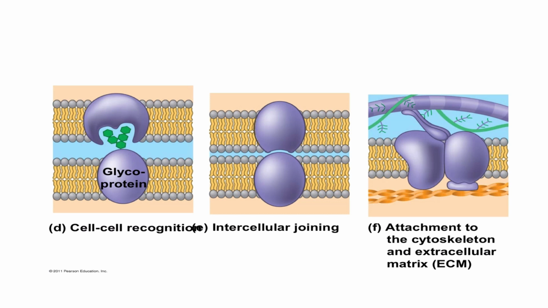They can also act as structures to which other components within or outside of that cell attach. So they end up being attachment points to the cytoskeleton as well as for the extracellular matrix, right?